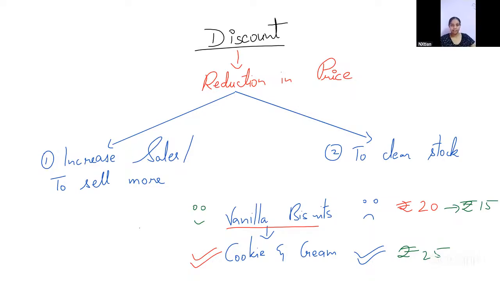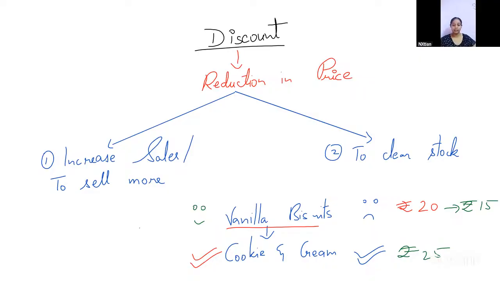It was 25 rupees. But people loved the new flavor. Vanilla biscuits were less expensive, yes, they were already less expensive.